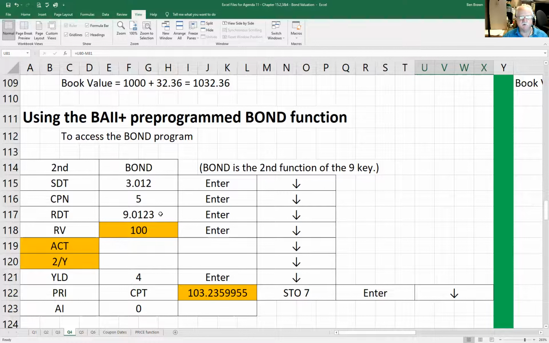RDT stands for the redemption date, the maturity date. The RV is still 100. Ignore ACT and 2/Y. Just hit the down arrow. The yield is the market interest rate as opposed to the bond interest rate. And then you go compute the price.